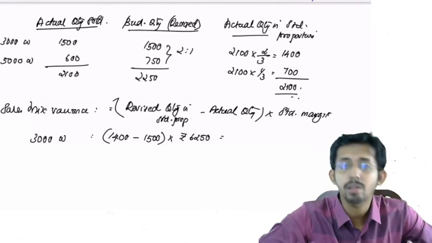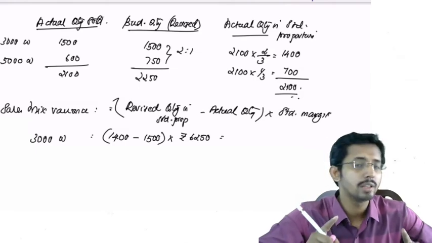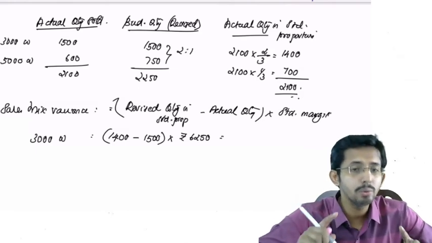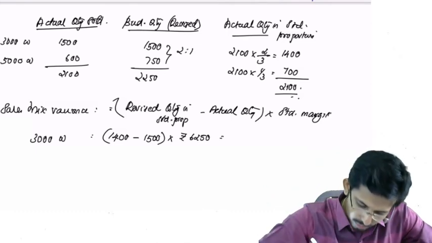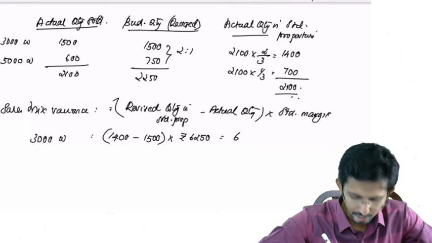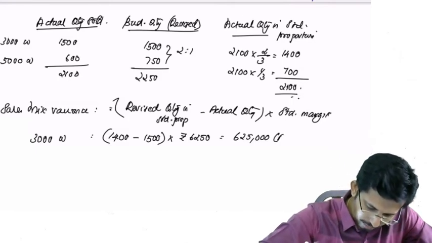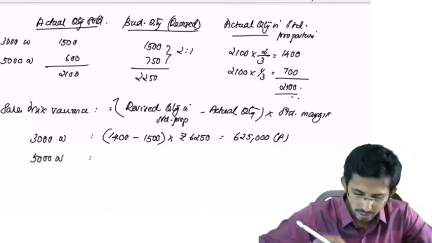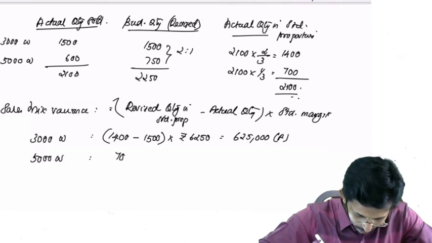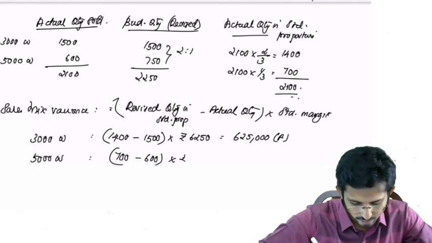Because as per the standard, you ought to have sold only 1400 units of 3000, but you actually sold 1500, so it is a favorable variance. 100 units difference, so 6,25,000 favorable. Similarly, for 5000 watt, how many ought you to have sold? 700. How many did you sell actually? 600. So the difference is 100 into 23,750.